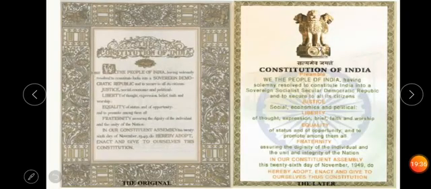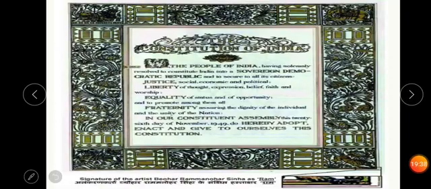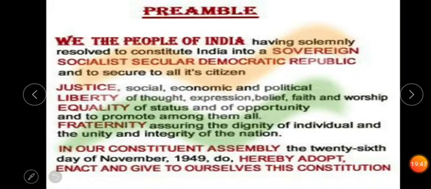So you can see here, this is the original draft of the preamble. As we know, by the 42nd Amendment of 1976, the words socialist and secular were added to the preamble, though the preamble is not enforceable by law.